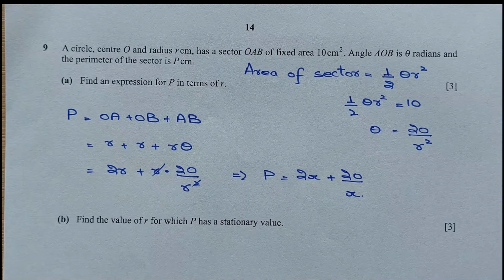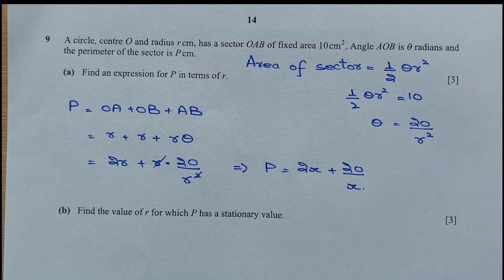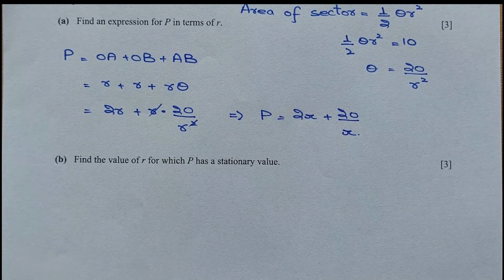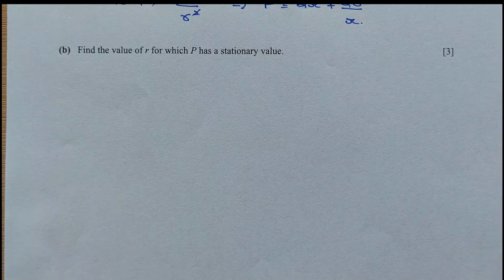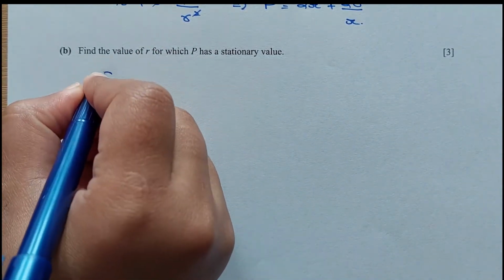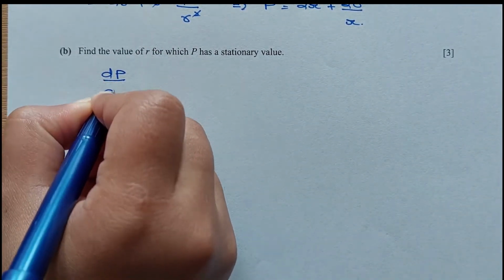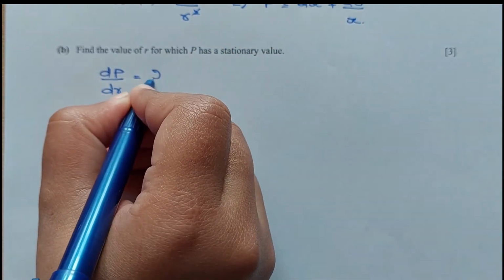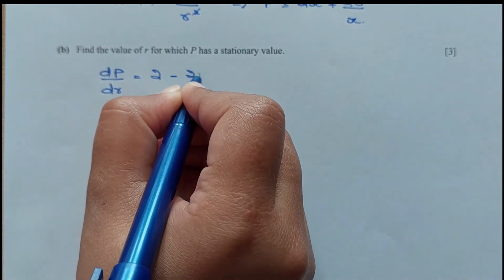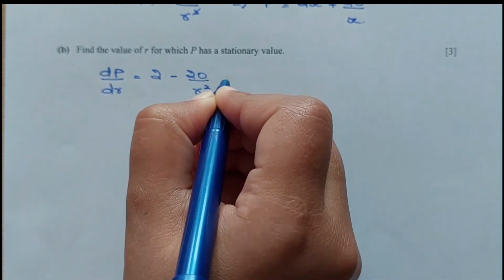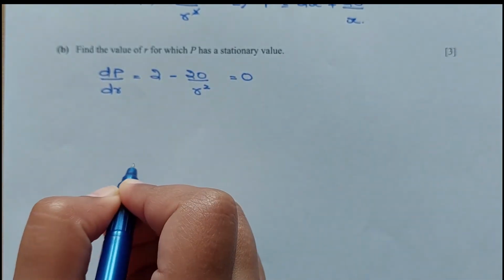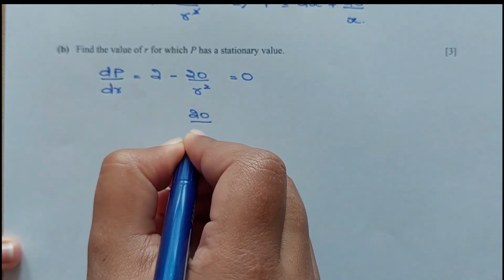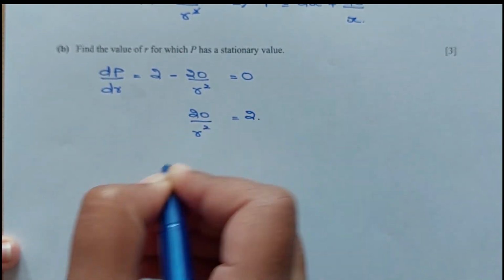Now for B part, find the value of r for which p has a stationary point. So p has a stationary point when the first derivative of p equals 0. So dp over dr, its derivative is just 2, and this is minus 20 over r square. Now put it equal to 0 to get the value for r. So we have 20 over r square equals 2.